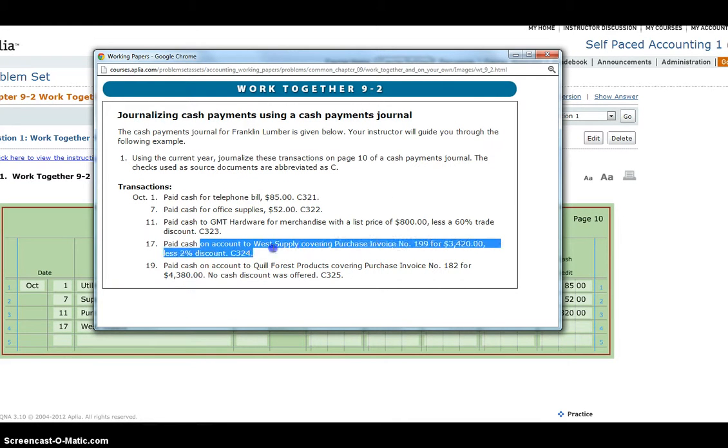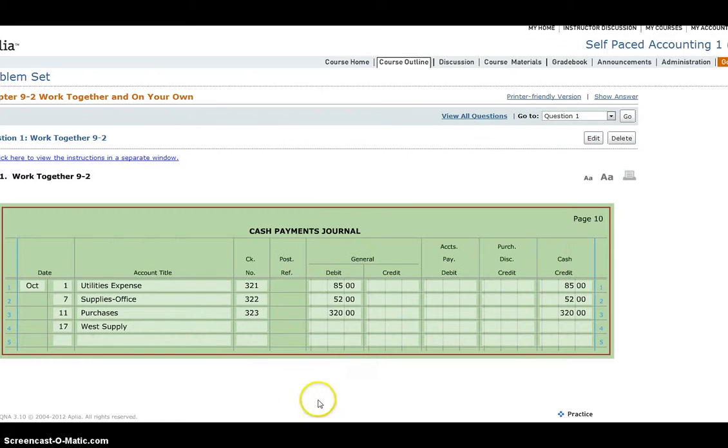Okay, now we're paying our bill on account to West Supply. So we owe West Supply, and this is where the accounts payable debit column comes in, we owe them $3,420.